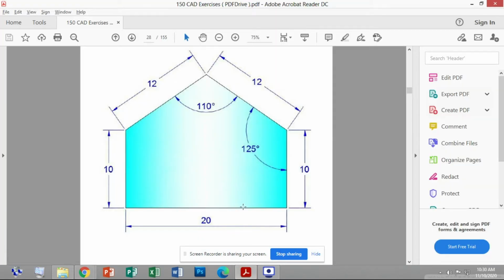Actually, pwede kang magsimula kahit saang point dito for as long as you're comfortable with it. For me, I am comfortable starting with this horizontal line na nasa ibaba which measures 20 units. Yan, si horizontal line na merong measurement na 20 units.